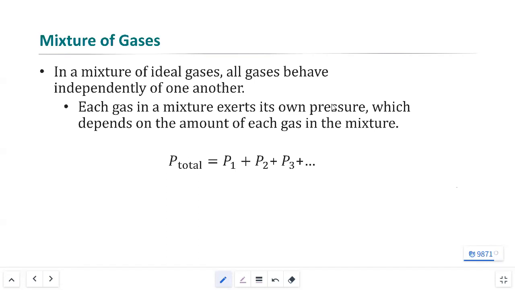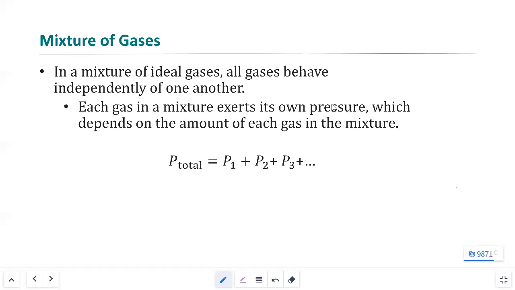Well, if we have a mixture of gases, we understand that because the gases are going to be so far apart from each other, we know that they're going to act independently of one another. It's not going to be any intermolecular forces to consider or any kind of cooperative kinds of work. So we can consider that each gas has its own individual pressure.